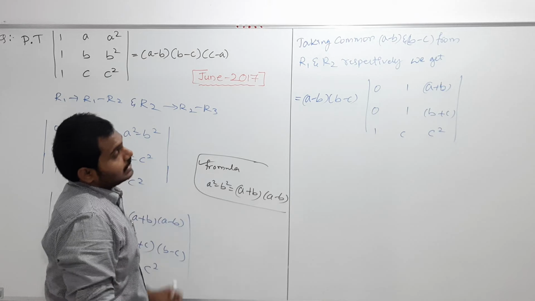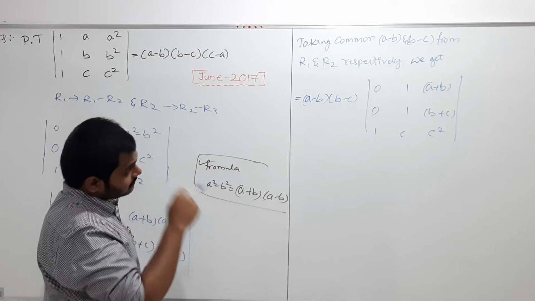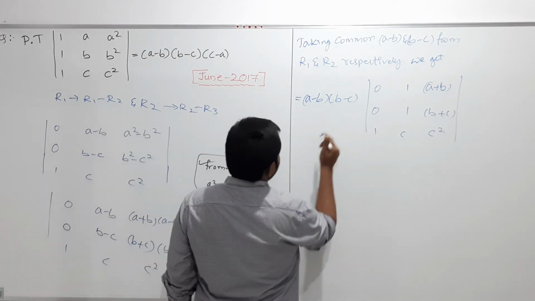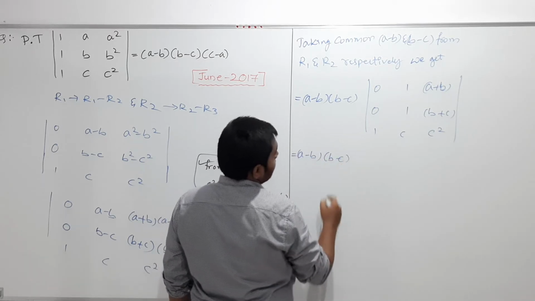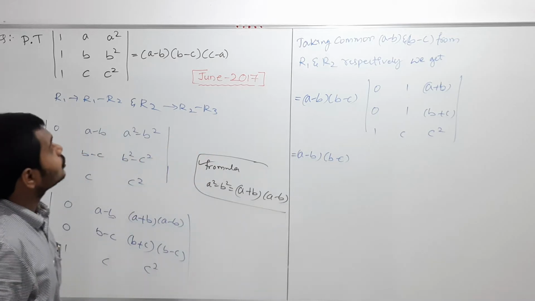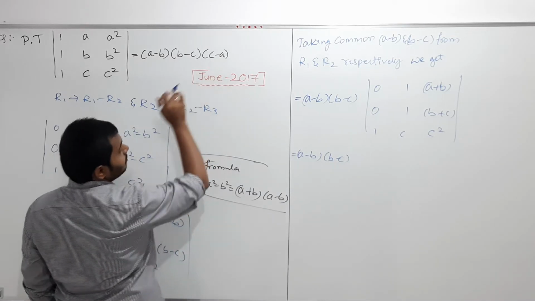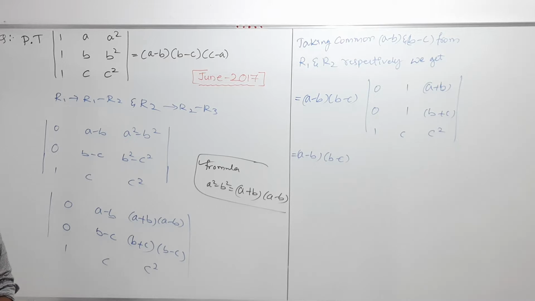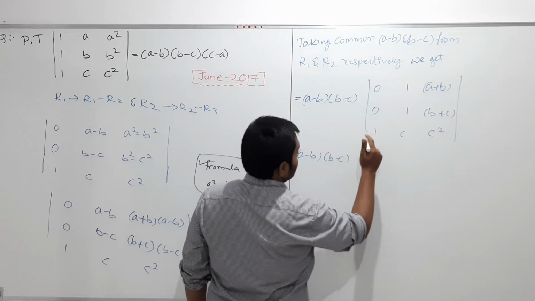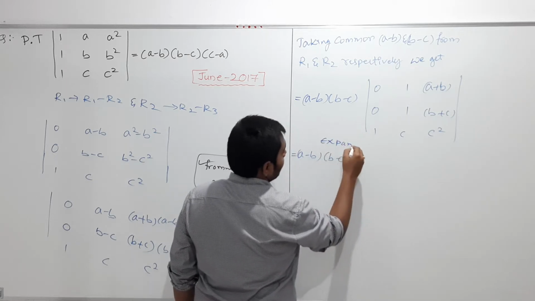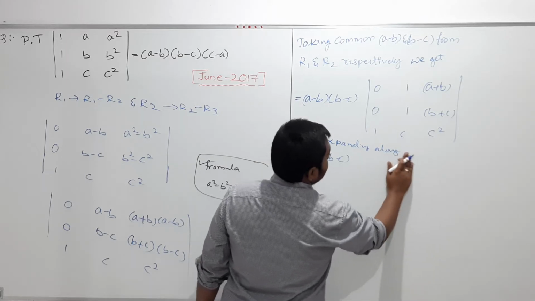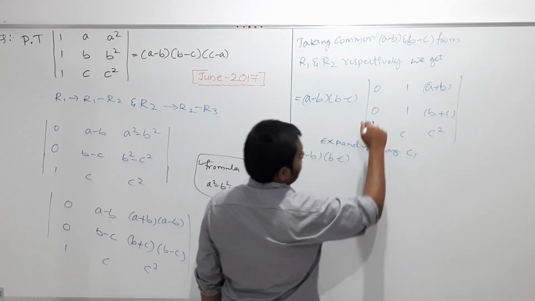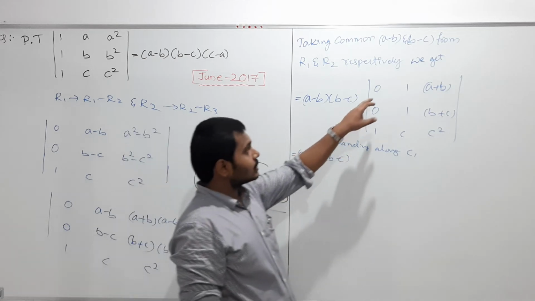Clear? And next, my dear students, further here it is a minus b as it is, b minus c as it is. Now you should show that here it is c minus a. To prove this, I will simply expand this determinant along column 1, because already these two elements are 0.